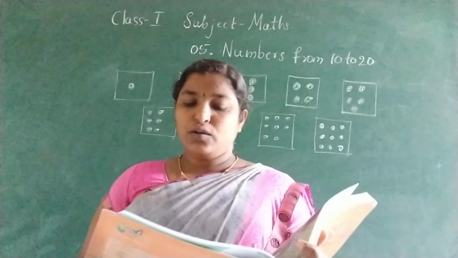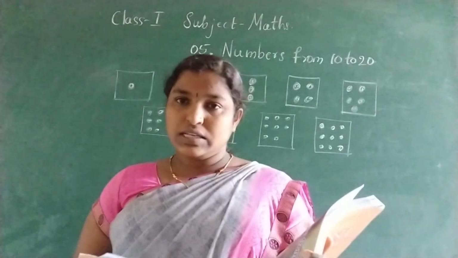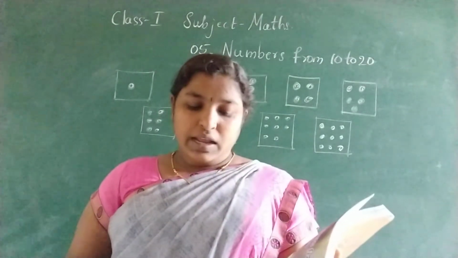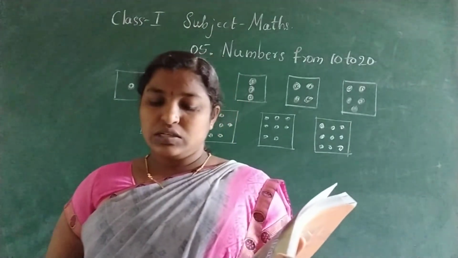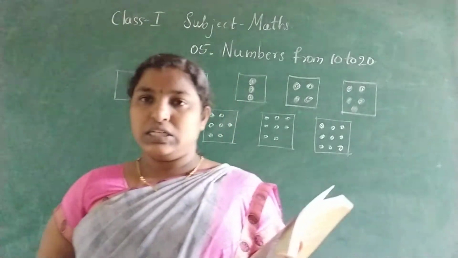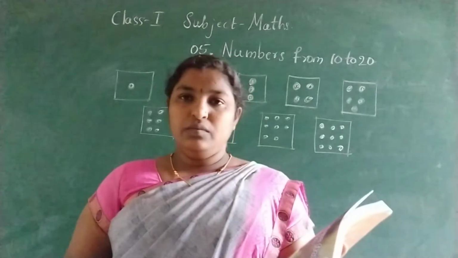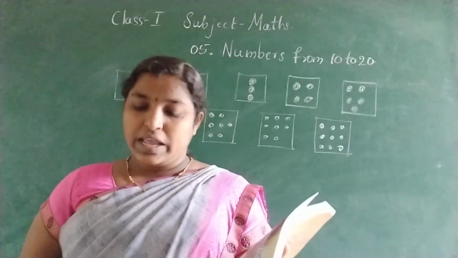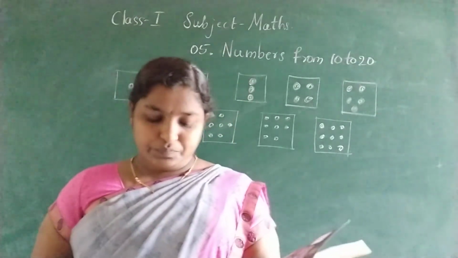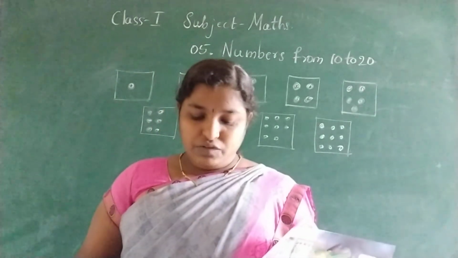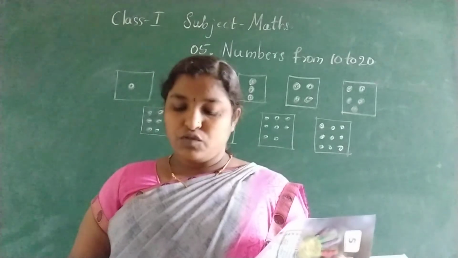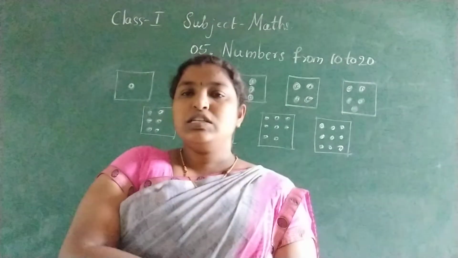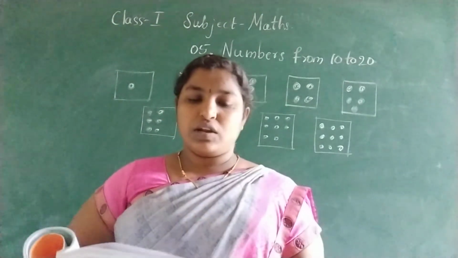So 1 ten and 2 ones is 12. Again 10 balls plus 3 balls, 1 ten and 3 ones is 13. 13 number name is THIRTEEN. Then 10 fishes plus 4 fishes, 1 ten and 4 ones is 14. The spelling is FOURTEEN.